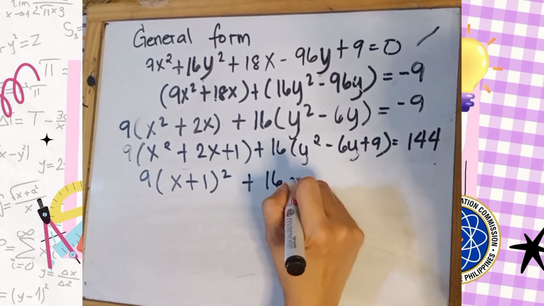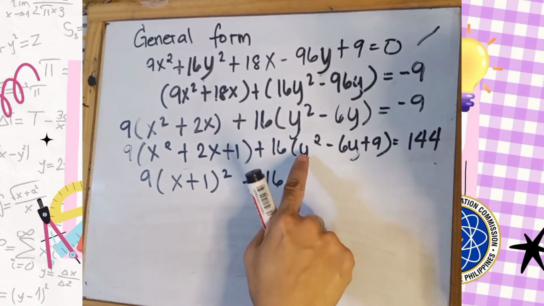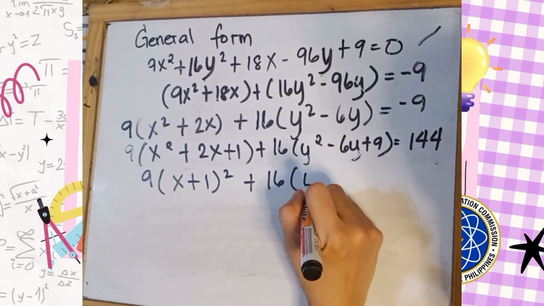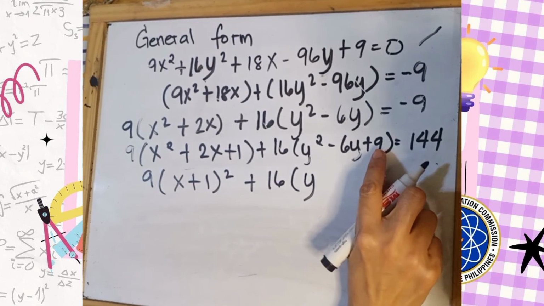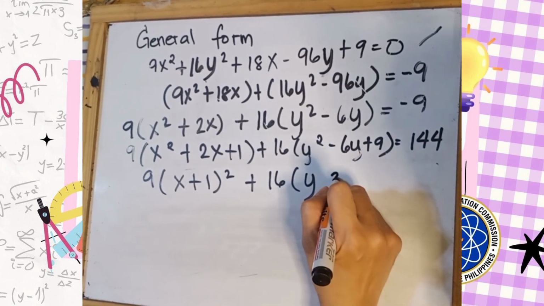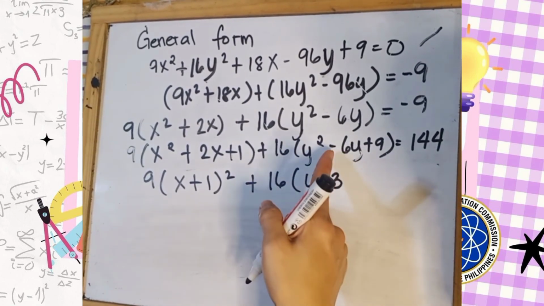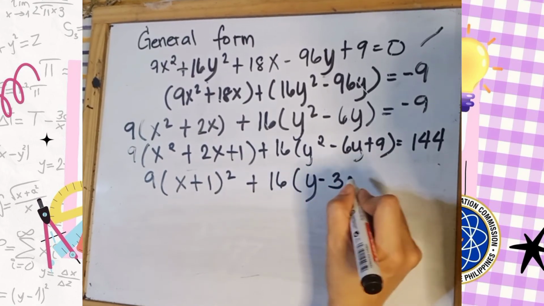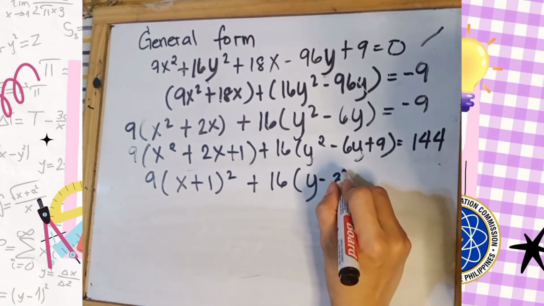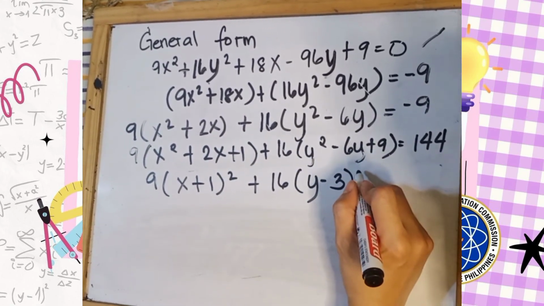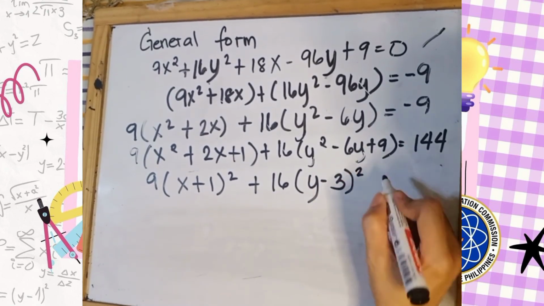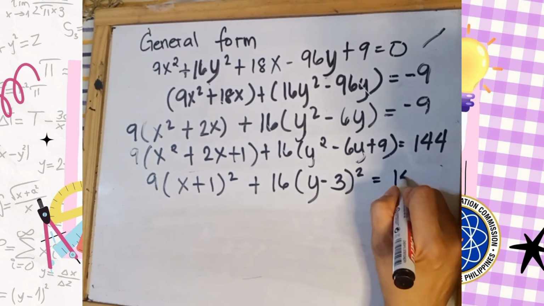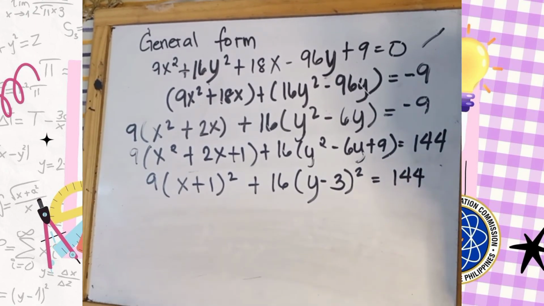Plus 16. And then we have square root of y squared, that is y. Square root of 9, that is 3. And then our sign is negative since our middle term is negative. So y minus 3 squared is equal to 144.